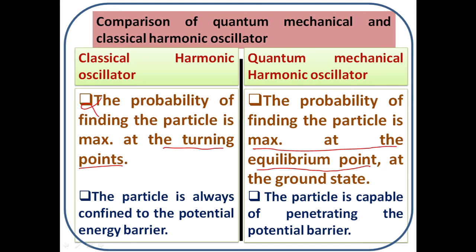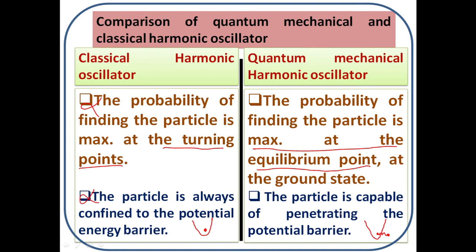Again, the last difference is that the particle is always confined to the potential energy barrier. In the case of a classical harmonic oscillator, the particle is always trapped within the potential well, while in the case of a quantum mechanical harmonic oscillator, even though the particle is inside the potential energy barrier, it finds some way to penetrate or tunnel outside the barrier.